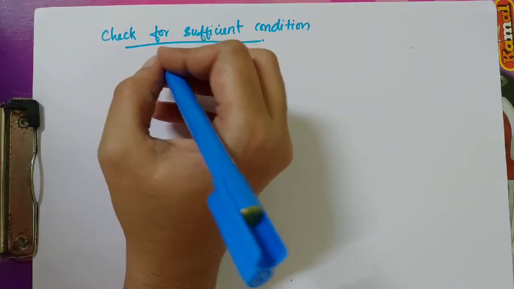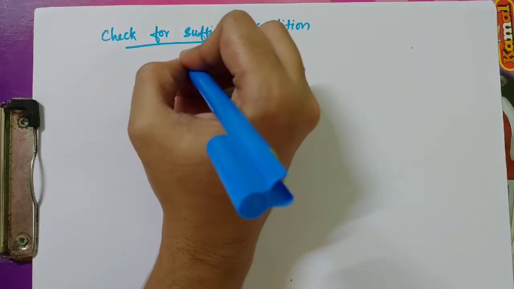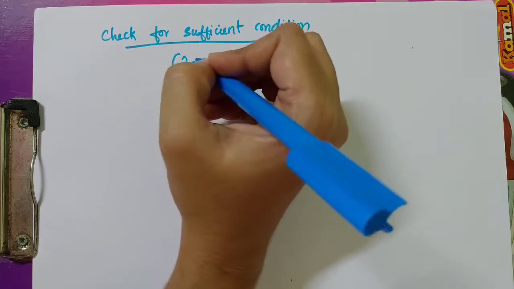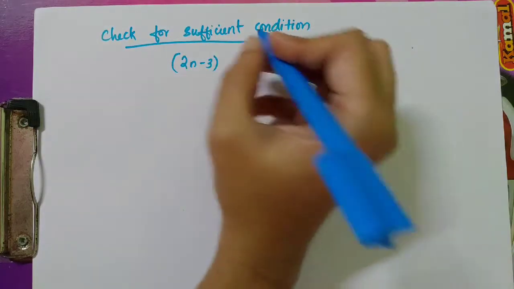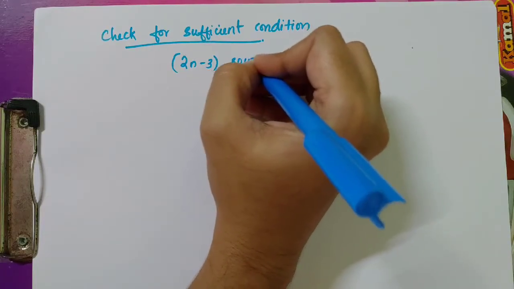Sufficient condition can be checked by constructing a table of 2n minus 3 rows. ഇതൊക്കെ നിങ്ങൾ എഴുതണം, ഞാനിവിടെ എഴുതുന്നില്ലെന്നേ ഉള്ളൂ.